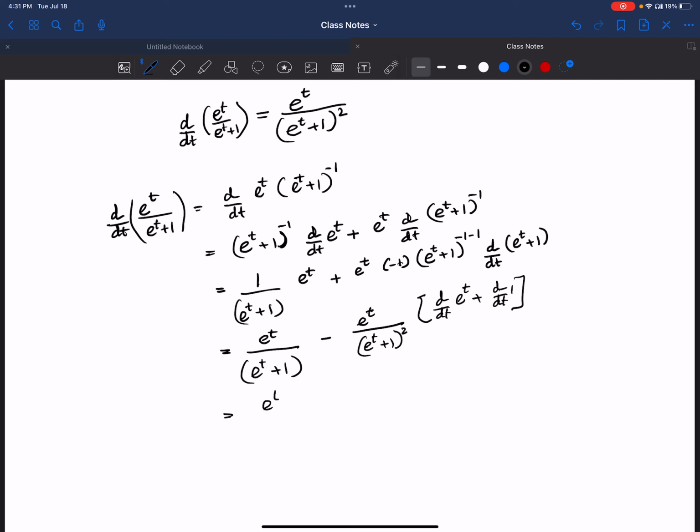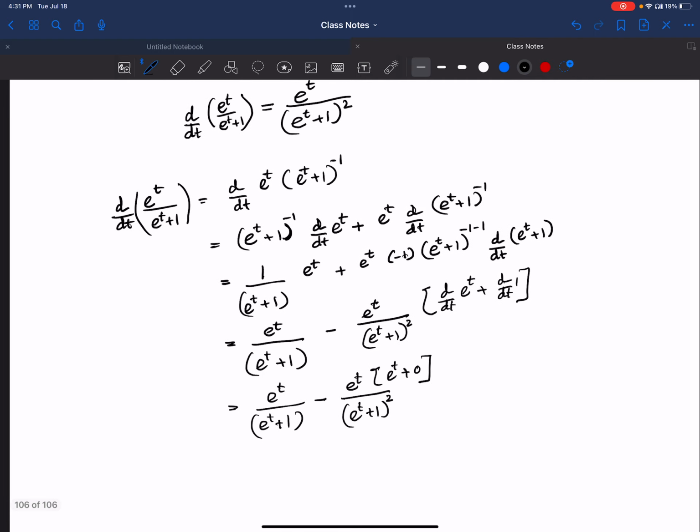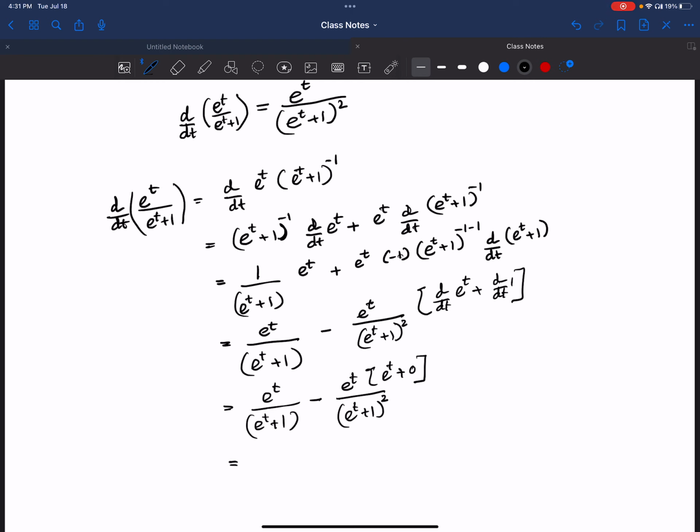And this is e to the power t divided by e to the power t plus 1, minus e to the power t divided by (e to the power t plus 1) squared. This is e to the power t, e to the power t plus 0. Okay? And then I can get the common denominator, (e to the power t plus 1) squared.